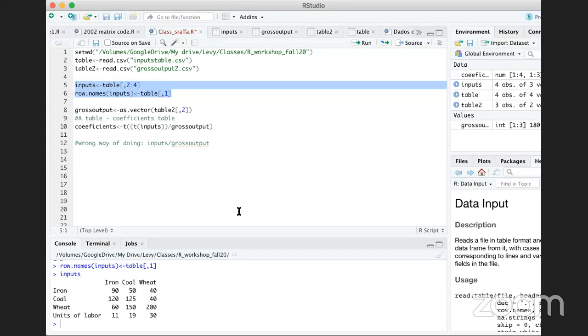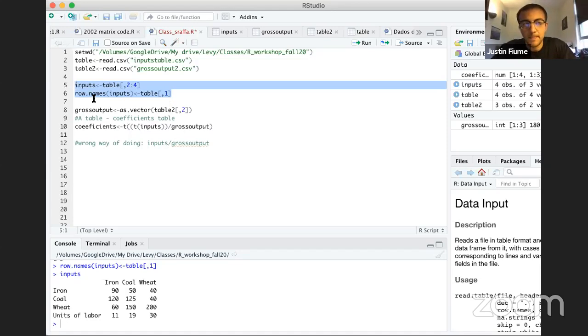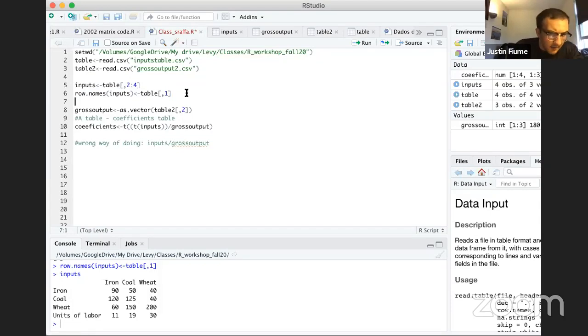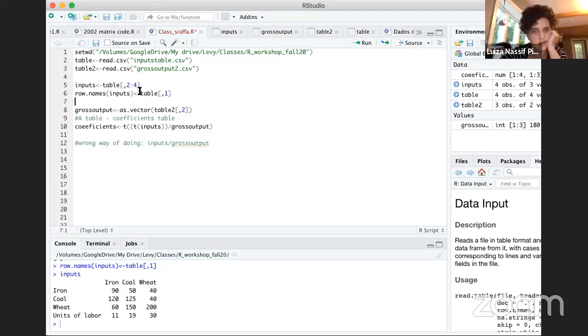I got an error with the row names function. Did you do row dot names? What is the error you have? It says error in row names df, where you assign x comma value equals value. It says invalid row names length. And you're using the table one?